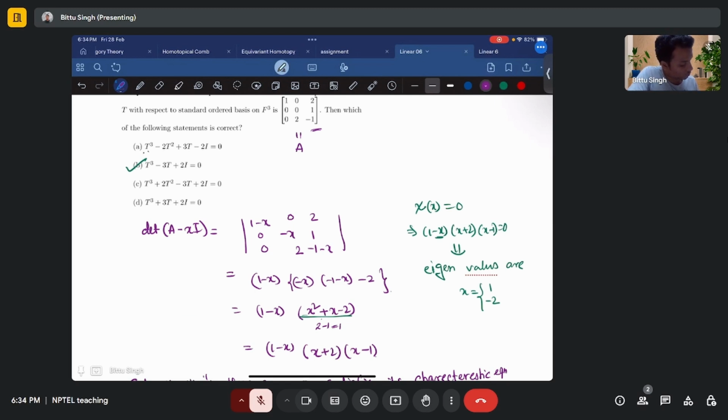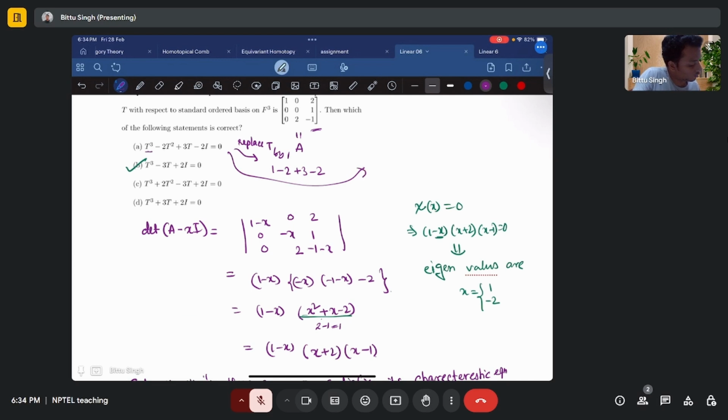If we put 1 in place of T in this polynomial, it becomes 1 minus 2 plus 3 minus 2, which is 0.